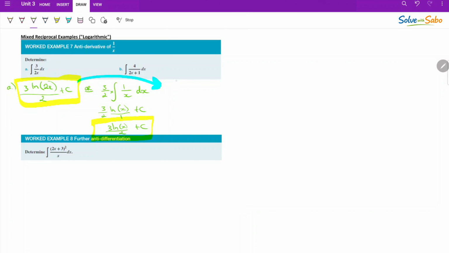So this is just 3 over 2 bracket ln of 2 plus ln of x. What have I done? Log laws say that I can strip that multiply back out to an add. Then I'm going to multiply these out here. That's 3 ln 2 over 2 plus 3 ln x over 2 plus c.